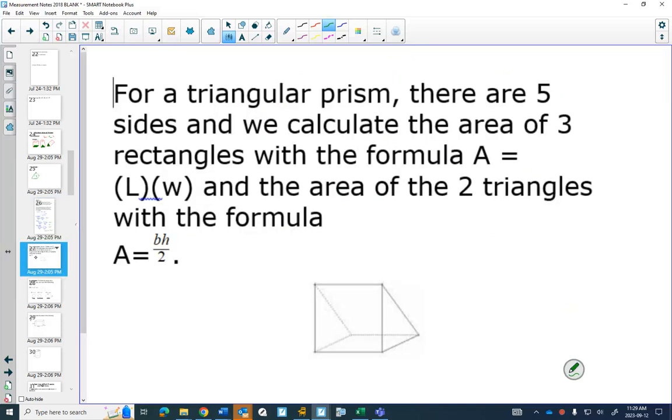Next question. Triangular prism. Can you see that it only has 5 sides? And now we also need to know our formula for the area of a triangle, which I think you probably should have memorized already, but it's still on your formula sheet for grade 10.